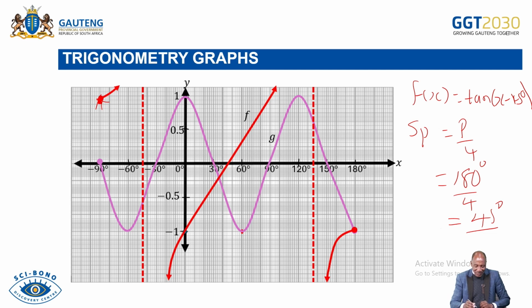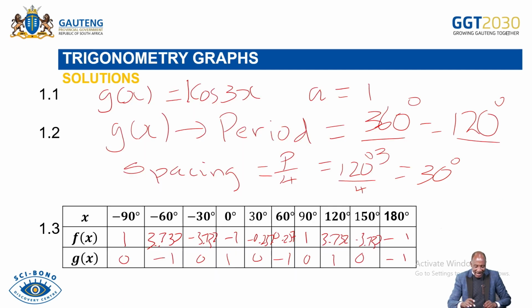For example, when x is 0, our y is negative 1. We mark that point. When x is 45 degrees, the graph crosses the x-axis, and so on, marking all those points like 3.73. Remember, we said when x is negative 60, y is 3.73.